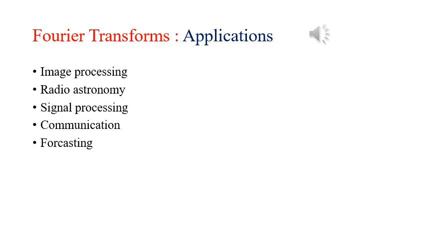It is clear that you can find its application in image processing, radio astronomy, signal processing, communication, forecasting, etc. For example, if you take a photo or record audio or video, the Fourier transform compresses these items into files such as JPEG, MP3, MP4, etc. In image processing also, if a photo is blurred, the tools of the Fourier transform like DFT and FFT, that is, the discrete Fourier transform and the fast Fourier transform, can make the image clearer and brighter.